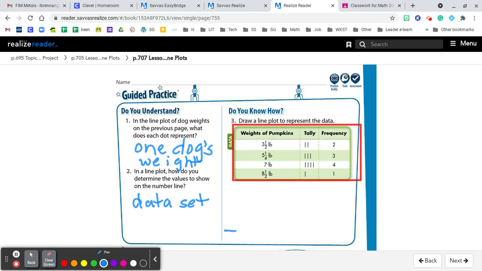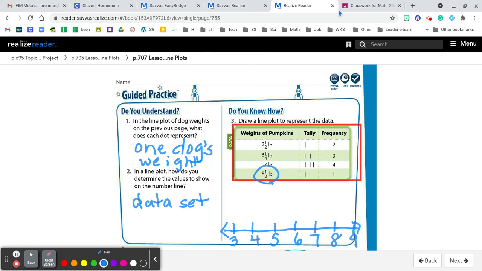So we're probably going to want to make our line plot start at 3. And we have to go up beyond 8. So 3, 4, 5, 6, 7, 8, 9. And I had to go beyond 8 because I have 8.5.